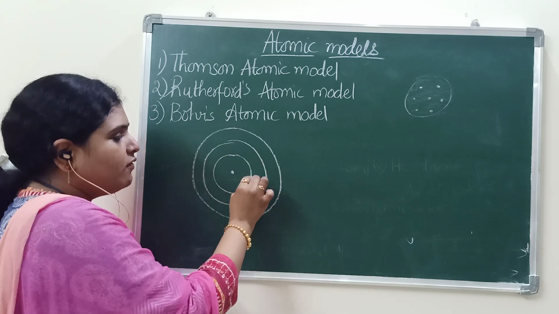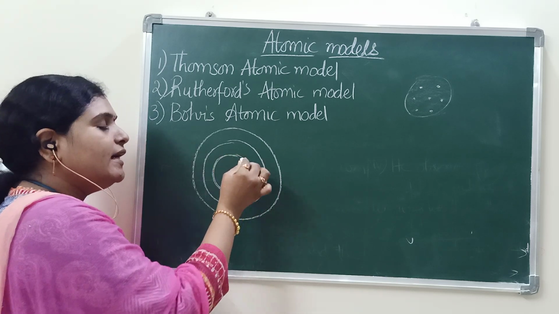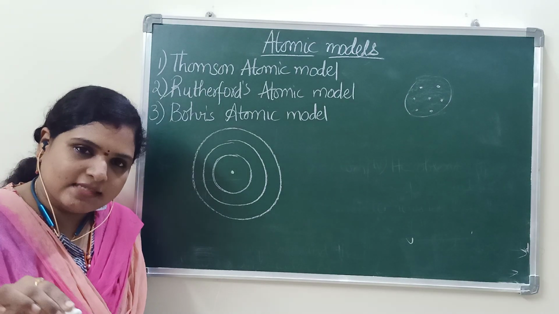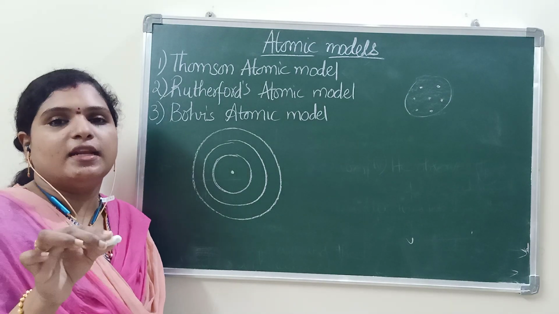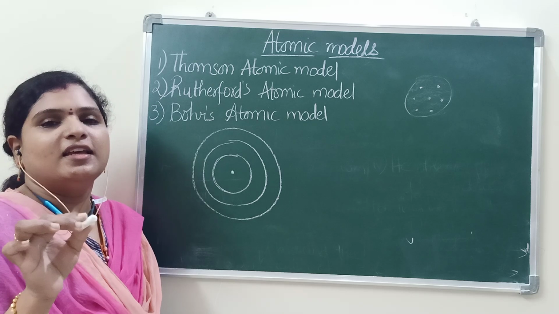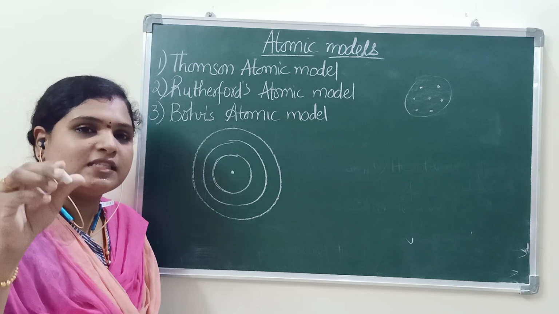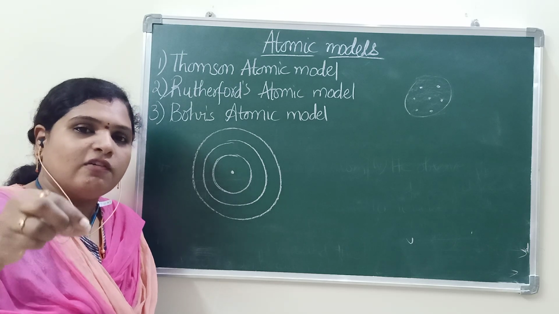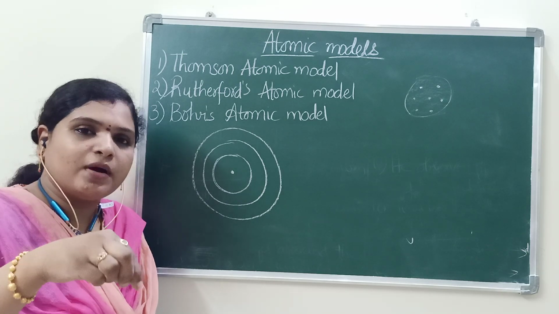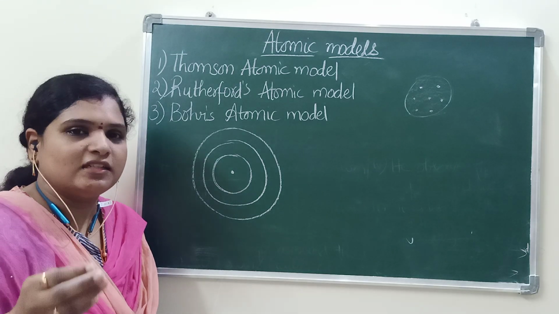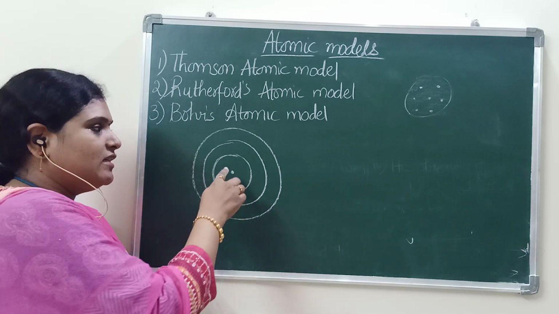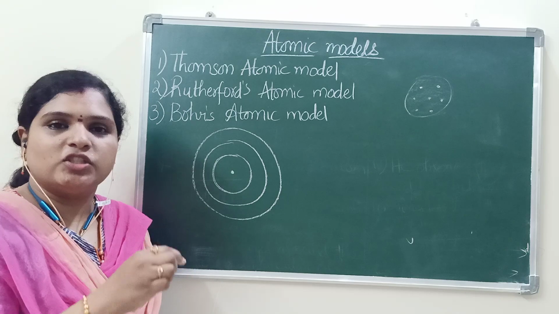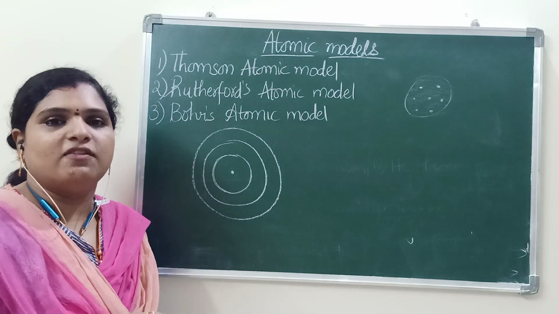While moving in the discrete paths, they will not radiate energy. Only in specific discrete paths will the electrons move. And these discrete paths are called orbits, shells or energy levels.